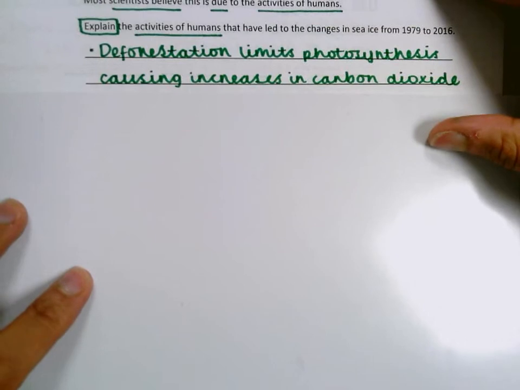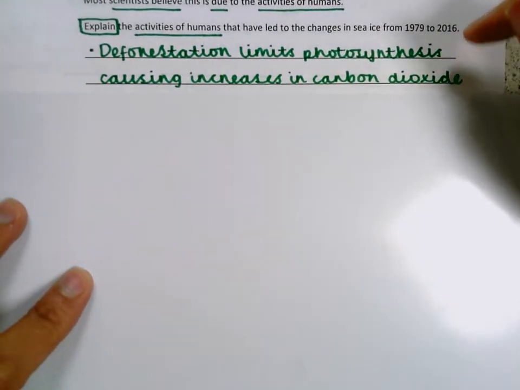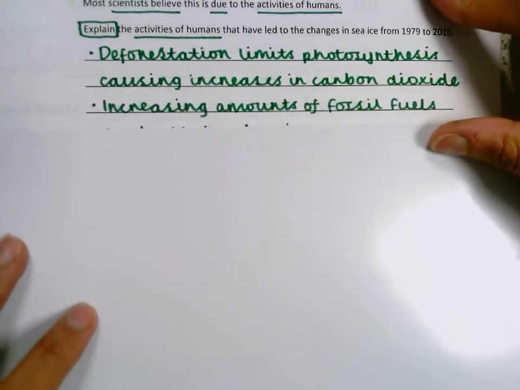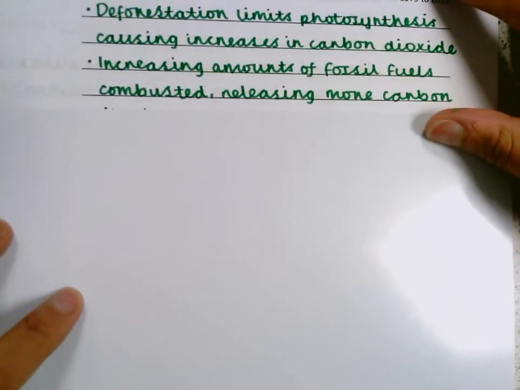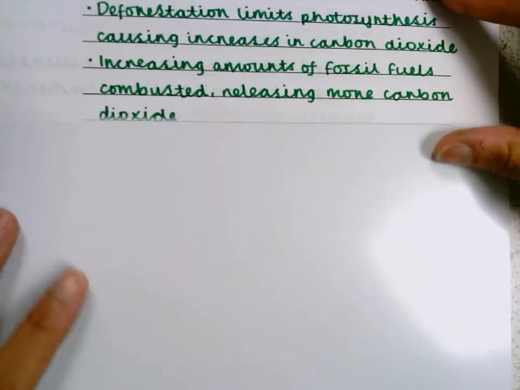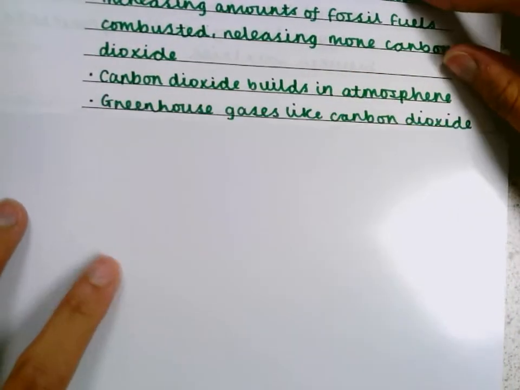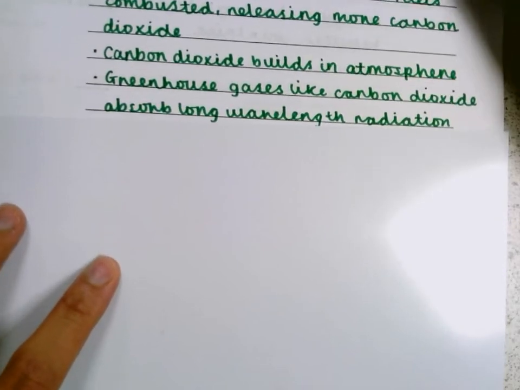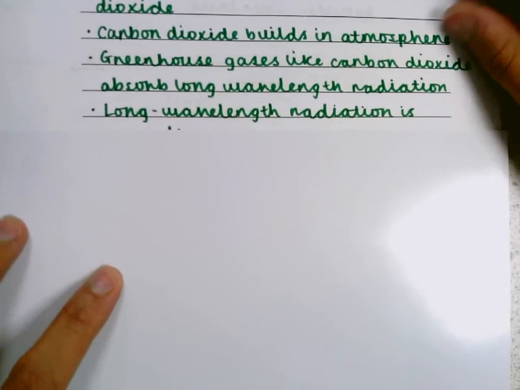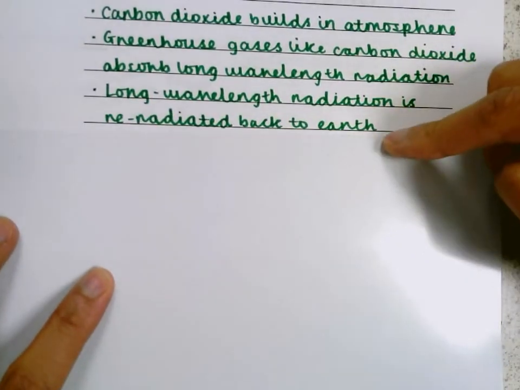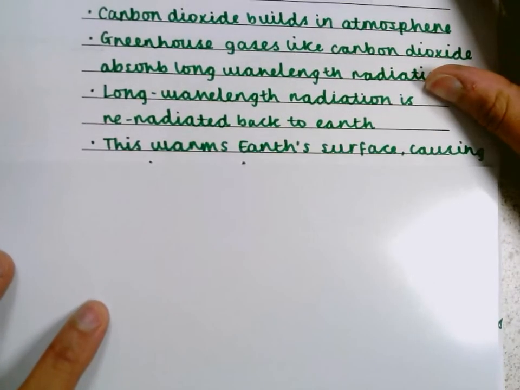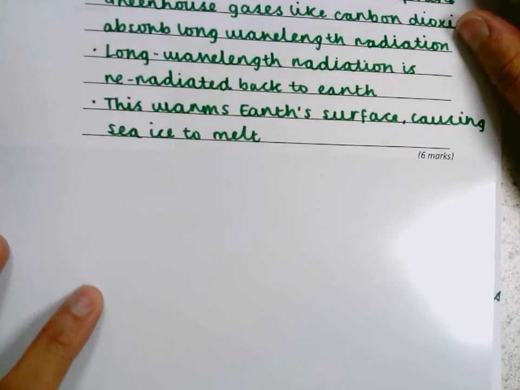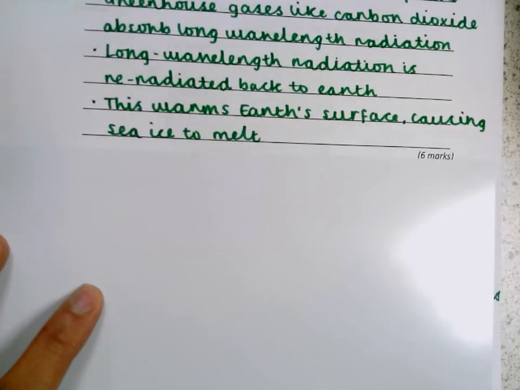Because remember, photosynthesis takes in carbon dioxide, which is a reactant of photosynthesis. There's increasing amounts of fossil fuels being combusted, which releases more carbon dioxide into the atmosphere. So, more carbon dioxide in the atmosphere. Now, greenhouse gases like carbon dioxide absorb long wavelength radiation, which is then radiated back to Earth, which warms the Earth's surface, causing sea ice to melt.